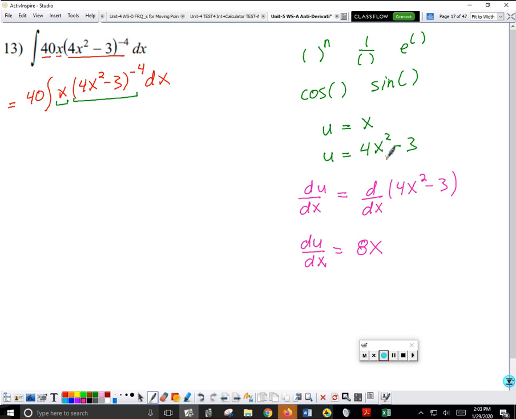My choice came from here, so the derivative of my choice must be the other. Other than that, you cannot worry about multiplying constants. So the 8 I don't care about because it's just a multiplying constant. This always gets factored out anyway. Hey, it matches perfectly, x and x. When that happens, you know u substitution is going to work.